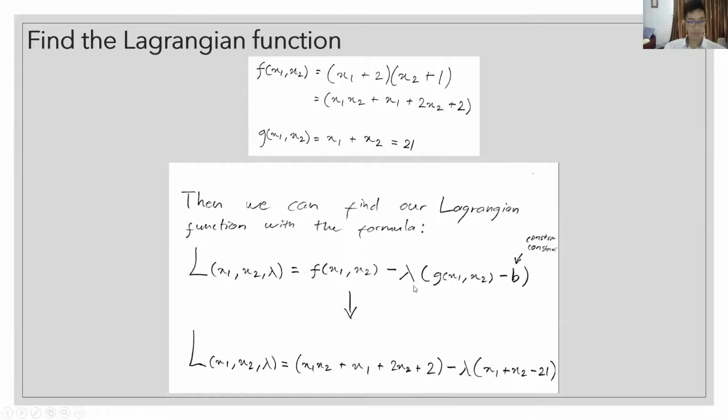So we can find the full Lagrange function down here, which is x1x2 + x1 + 2x2 + 2 in brackets minus lambda times (x1 + x2 minus 21). Note here the b, which is the 21, is the constraint constant. And basically what we just did is put that in with the x1 + x2 to complete this function.